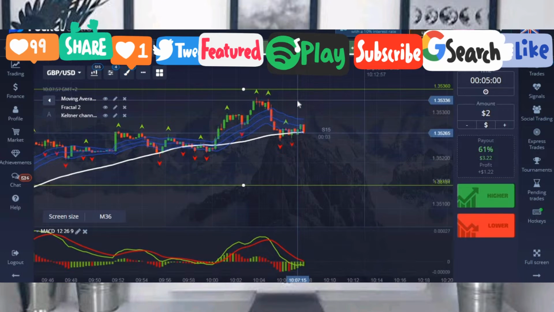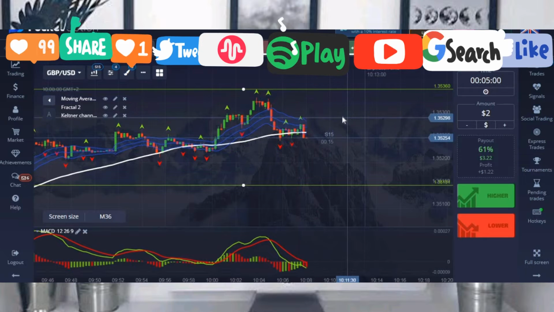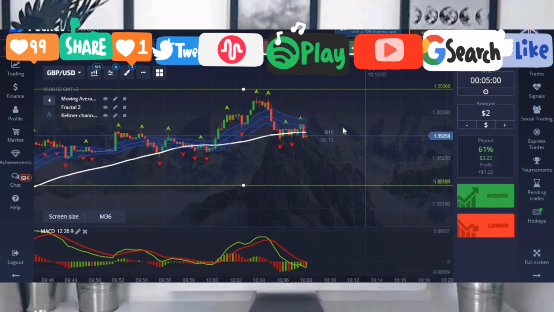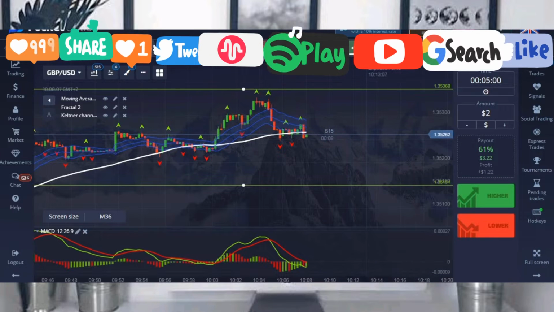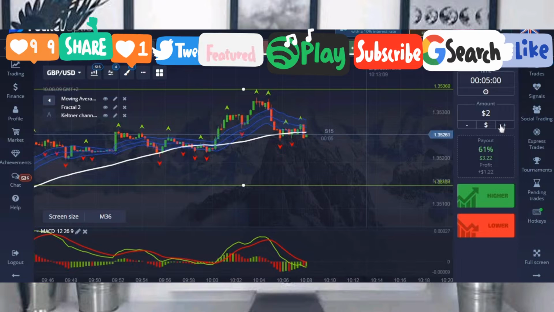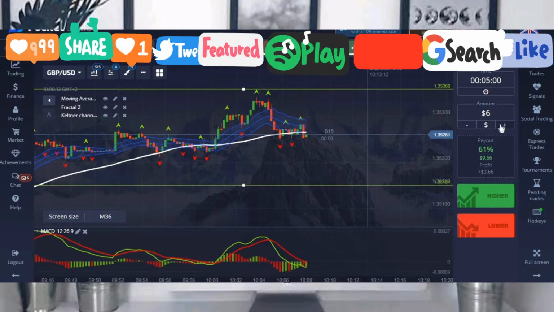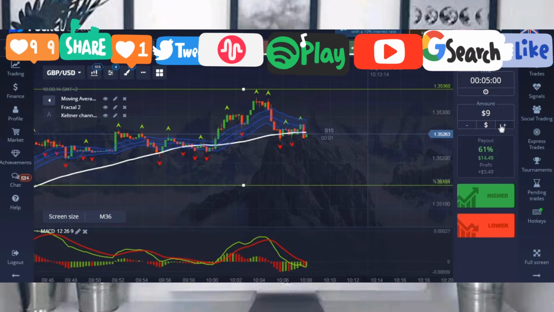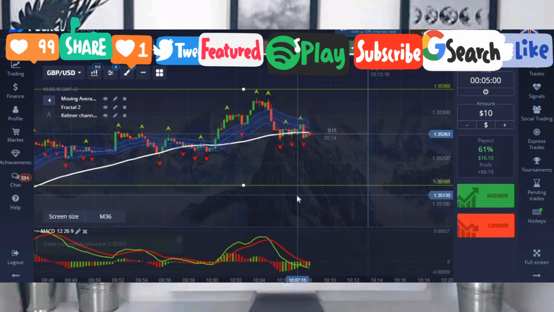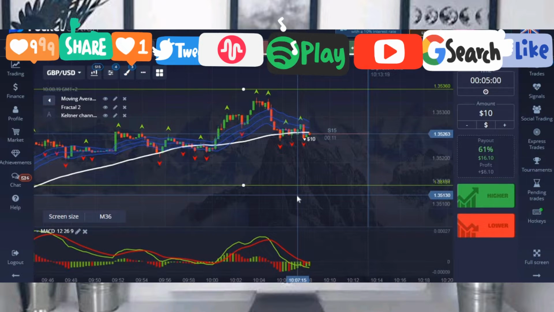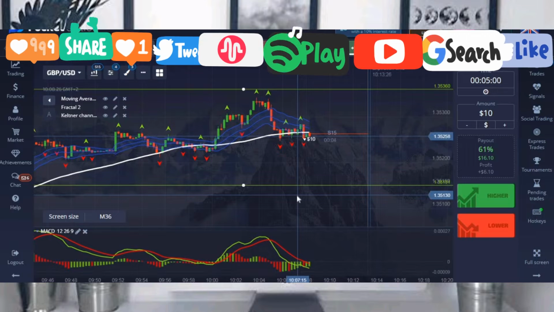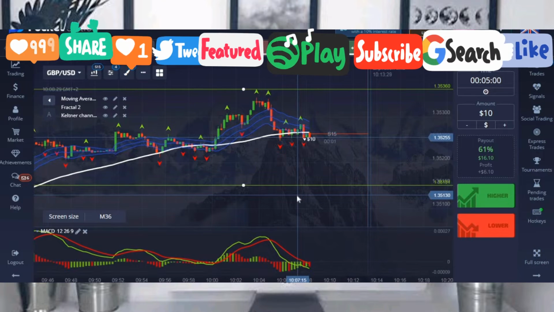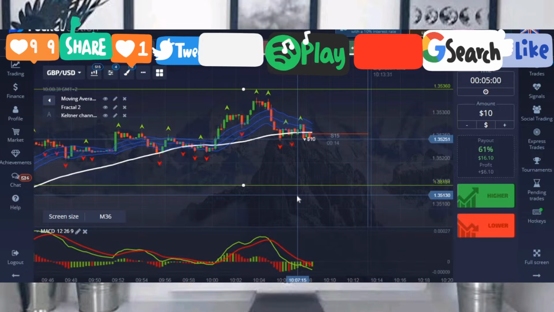After that, when the candlestick pattern and the price reaction go up through the 200 moving average, the trend will be an uptrend, and you need to trade the uptrend. Here you can see the price moved down from the 200 moving average. For that we traded down, for 5 minutes.